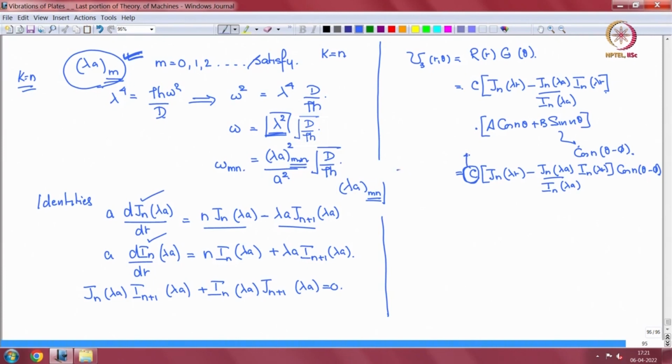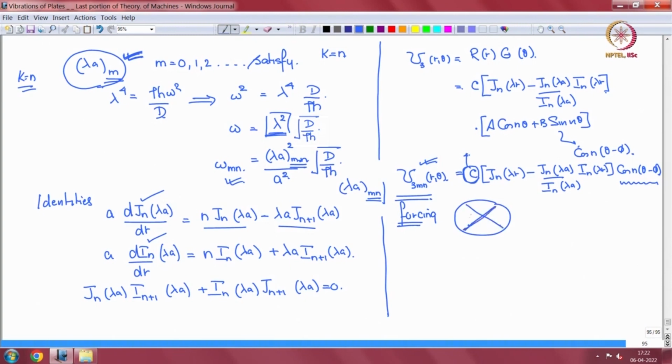Okay, so this is a mode shape, a mode shape in r comma θ. We have found the mode shape and the corresponding natural frequency. Now one thing is that unless the forcing is decided, which way the mode will be oriented will not be known.